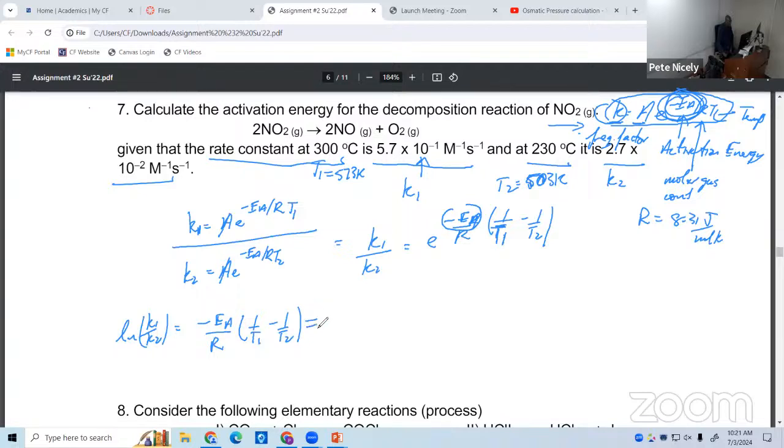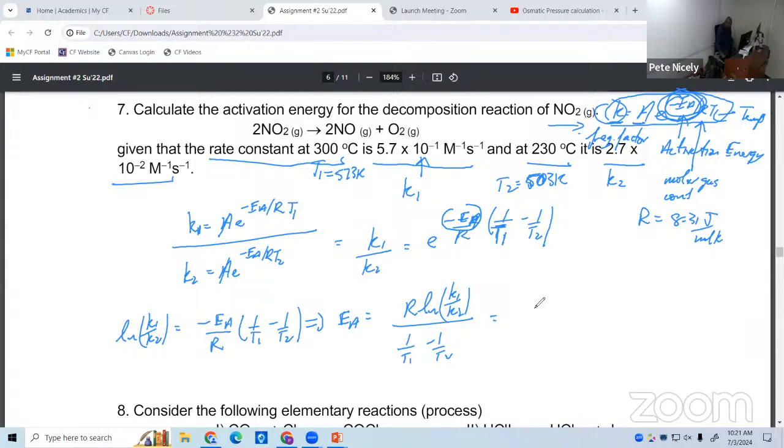And then finally, what I would do is solve for EA, and that would be equal to R ln K1 over K2 divided by 1 over T1 minus 1 over T2.